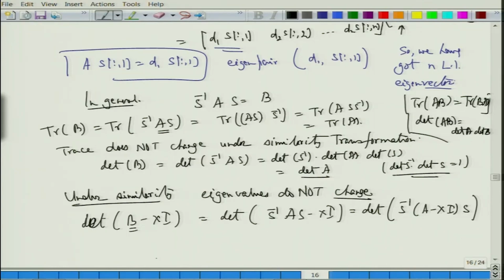So, you will get back this, which by the same argument as above, gives me determinant of A minus xi, all right. So, therefore, the eigenvalues will remain the same, eigenvectors will change, we will go back to this again in the next class. That is all for now.